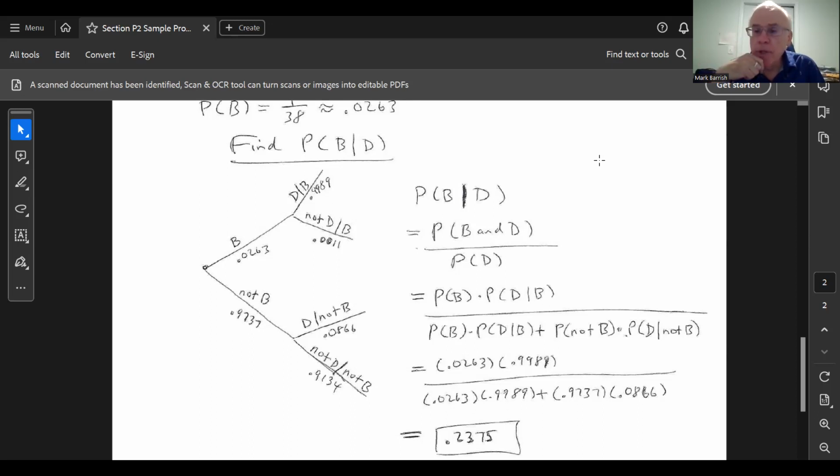And then typically on my test, I will have a Bayes type question on the exam, so it's good to know how to do this so that you can get those points. I wanted to show this to you so that you can have the opportunity to go through this multiple times to help you solve the problems in section P2.